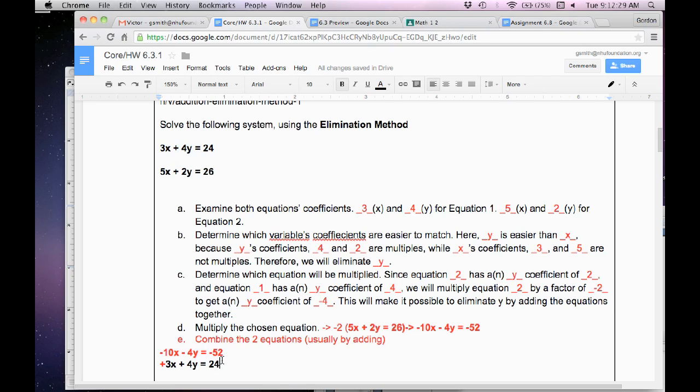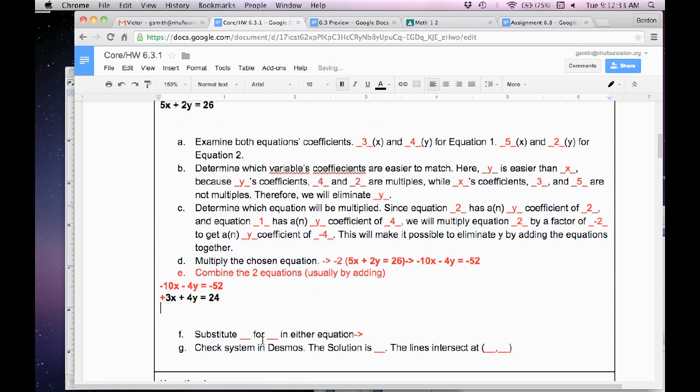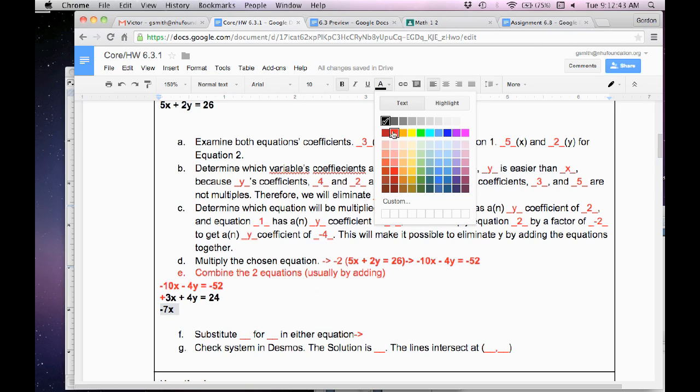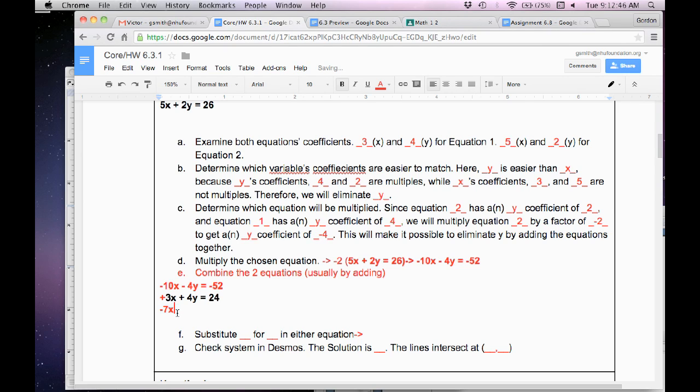So now I'm combining the two equations by adding. What I get is negative 10x plus 3x is negative 7x. But the cool thing about it is that the minus 4y plus the 4y makes just plus 0. And that'll be equal to negative 52 plus 24, which is negative 28.